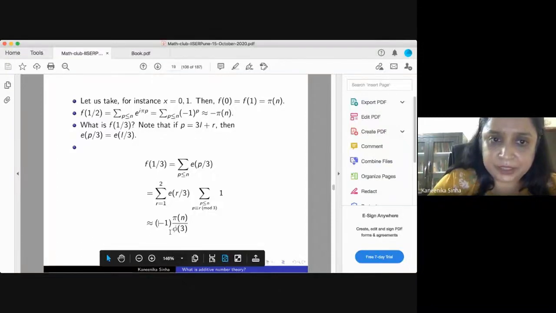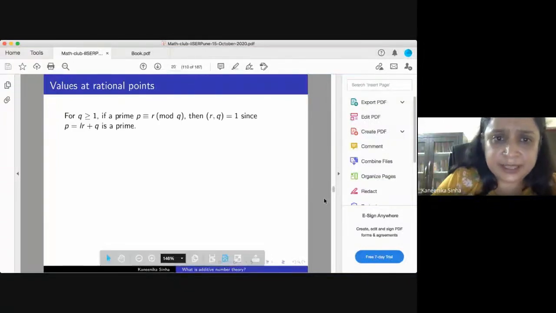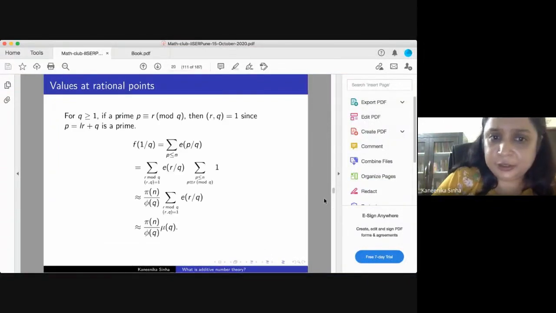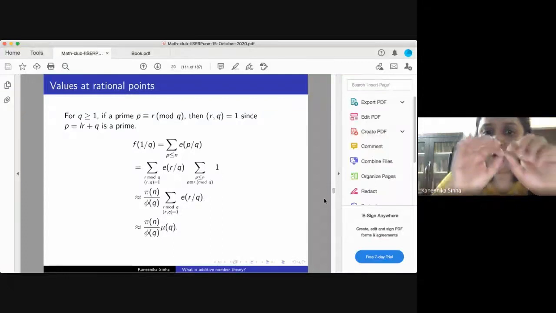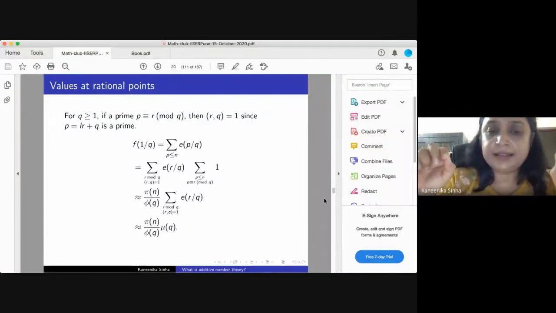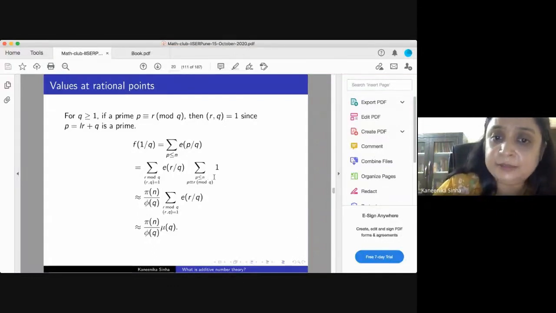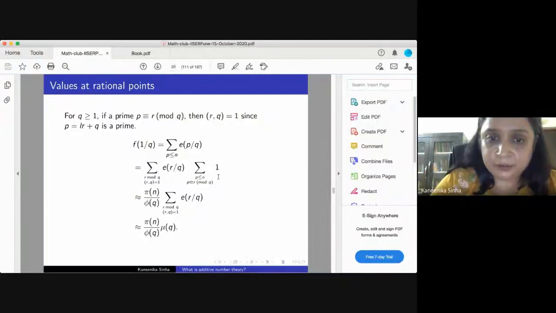Now, you can do exactly the same thing for any rational number of the form 1 by q. You can take all the non-trivial residue classes mod q, or the co-prime residue classes mod q, and in the inner sum, you calculate the number of primes which are congruent to each of these residues mod q.